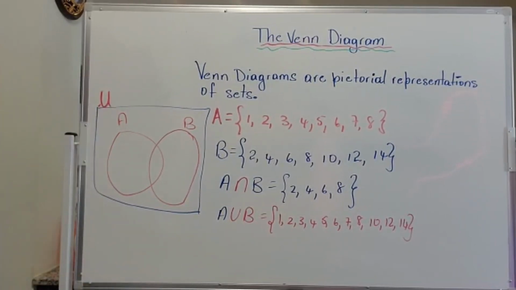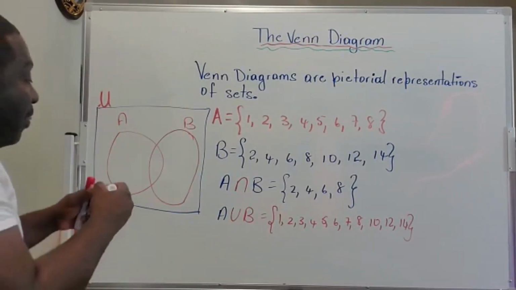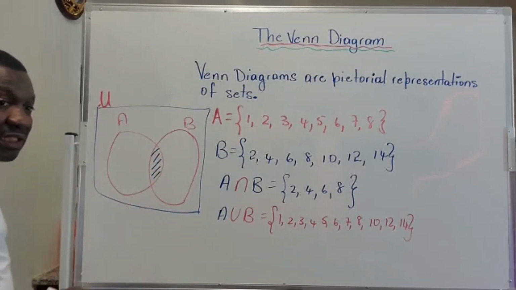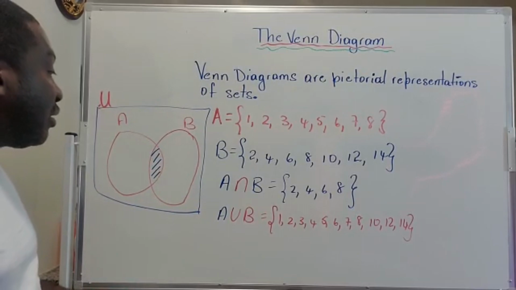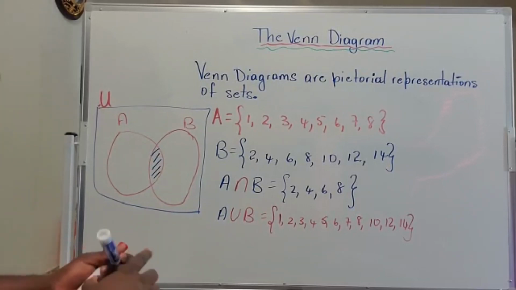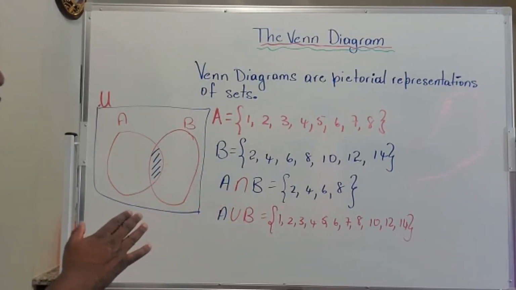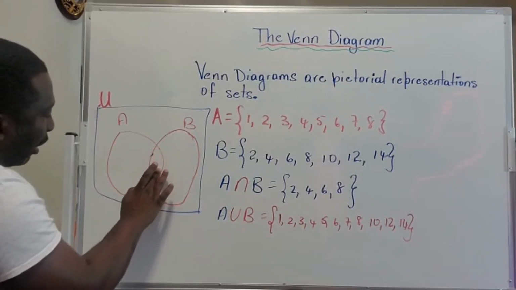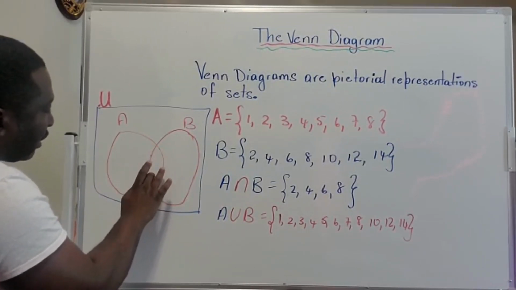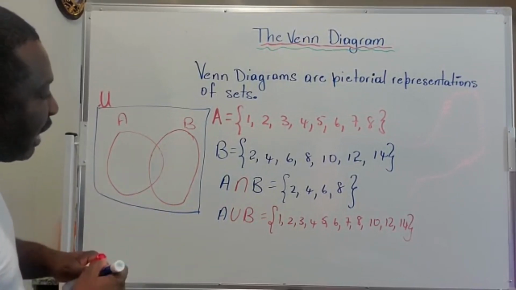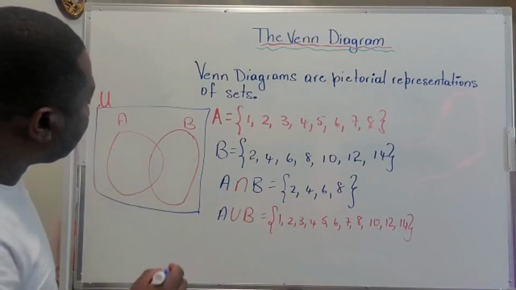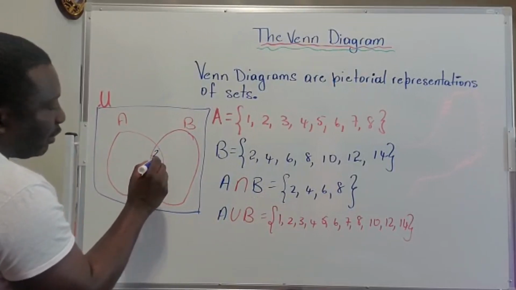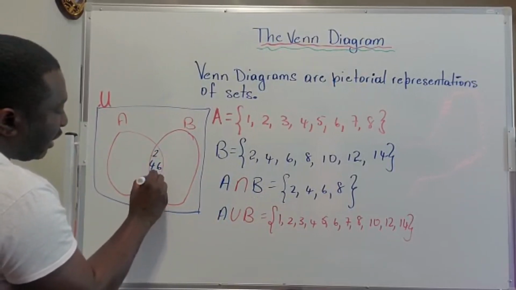Now, what we need to do, so this area that I'm shading in blue represents the intersection. And what goes in the intersection here are basically the elements that are common to both sets. So, in representing what elements are common to both sets, they would be 2, 4, 6, and 8.